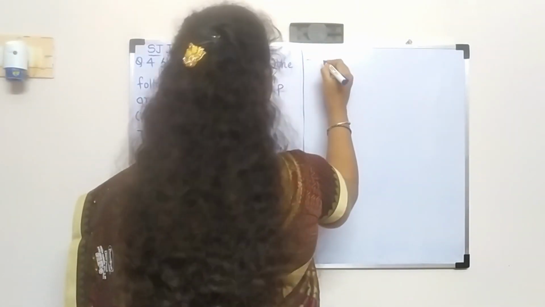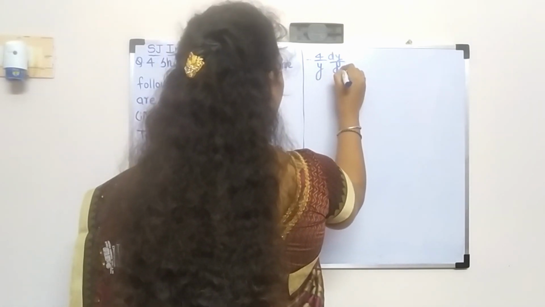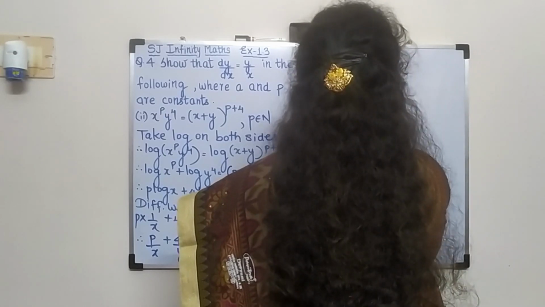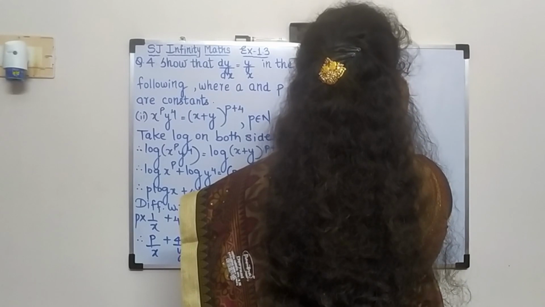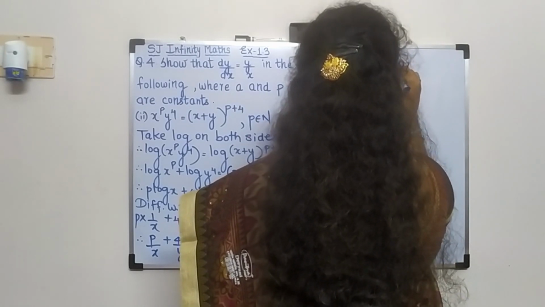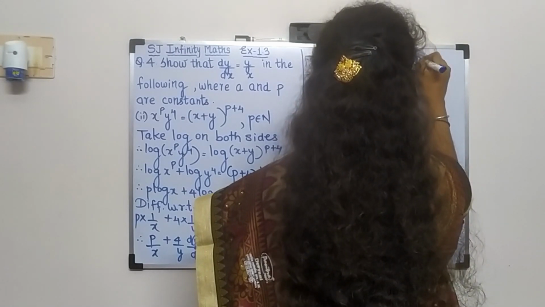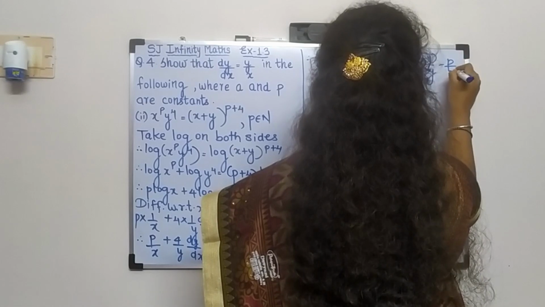Therefore, (4/y) dy/dx - ((p + 4)/(x + y)) dy/dx = (p + 4)/(x + y) - p/x.